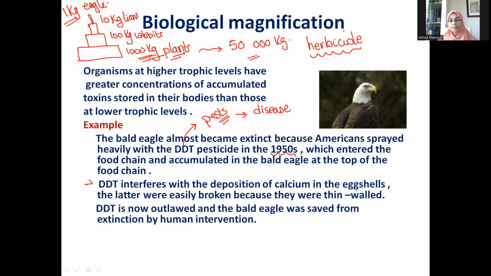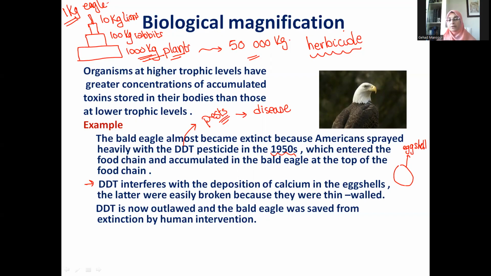What's wrong about DDT? DDT interferes with the deposition of calcium, and therefore it will interfere with the deposition of calcium salts in the eggshell of the bald eagle. And therefore the eggs of the bald eagle, because it's a bird, then it lays eggs, were very thin walled and would not support the survival of the young embryos inside, and that's why the young embryos used to die.